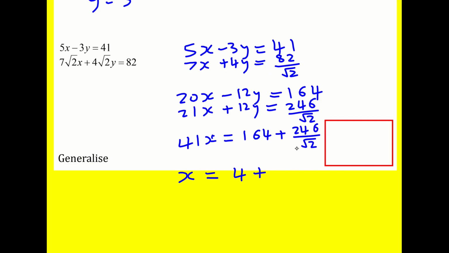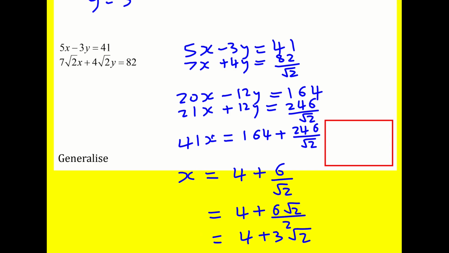And this is going to leave me 6. So I'm going to be left with 6 over root 2. I might finally want to rationalize the denominator, which would give me 4 plus 6 root 2 over 2. I've times through by root 2 over root 2. Or 4 plus 3 root 2. We're there. For one of the values at least.